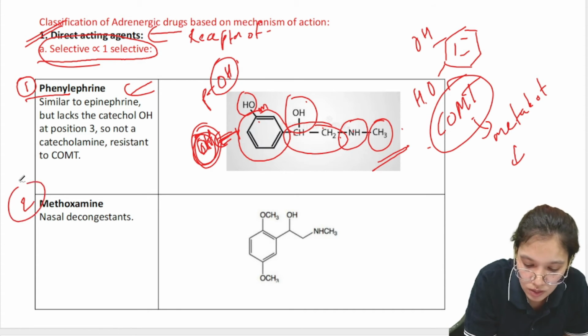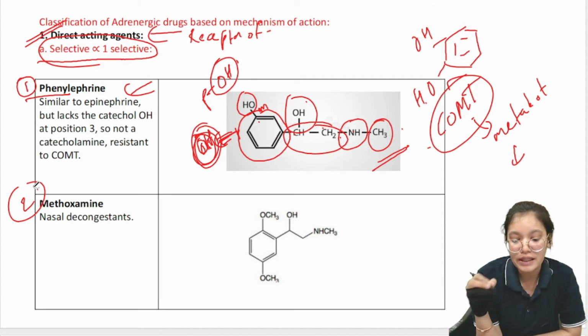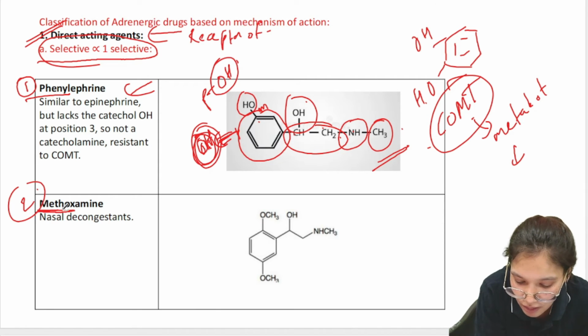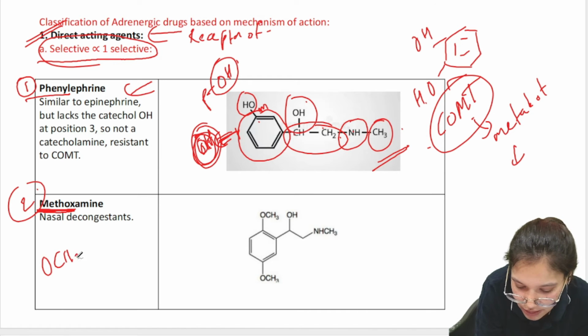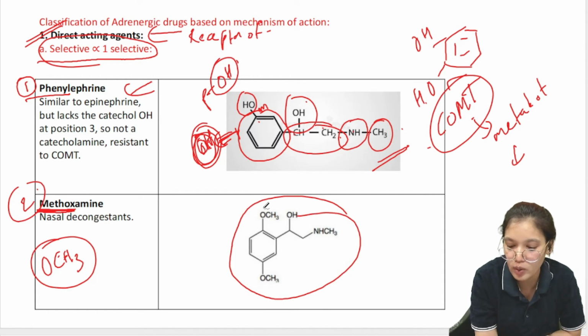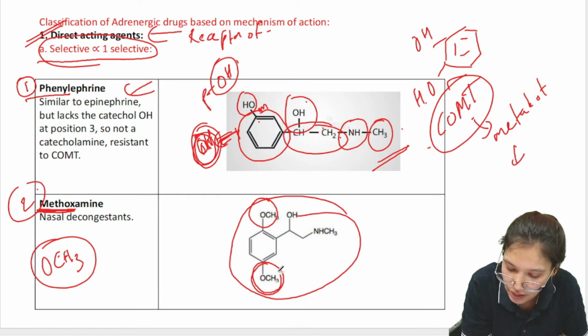Okay. Now second is methoxamine. By the name we get to know methoxa or methoxy. So what is a methoxy group? OCH3, it is a methoxy group. Its structure is almost similar to epinephrine, just the difference is that instead of OH we now have OCH3 at para position to each other.